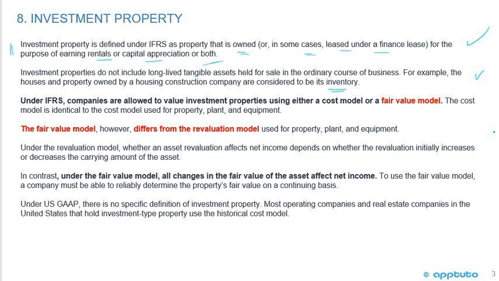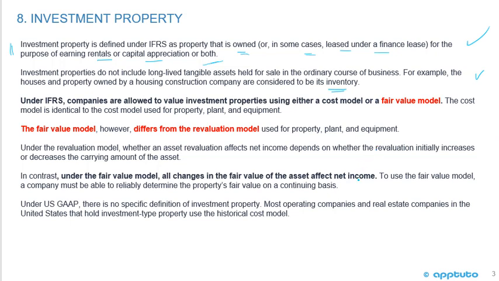Under the revaluation model, whether an asset revaluation affects net income depends on whether the revaluation initially increases or decreases the carrying amount of the asset. In contrast, under the fair value model, all changes in fair value of the asset affect net income.